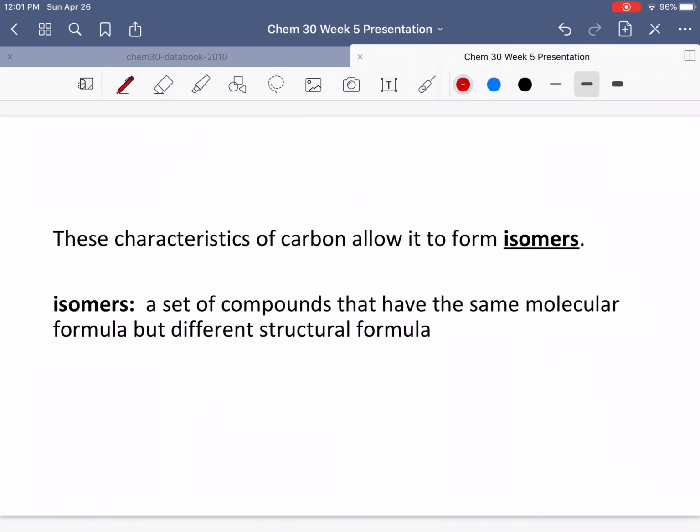Alrighty. Let's move on to another keyword. Again, I recommend that you check out the video on isomers that I've posted with the notes. Isomers in organic compounds are a big deal. Essentially, they have the exact same molecular formula. So in other words, we're dealing with really simple hydrocarbons this week, combinations of hydrogen and carbon. And we could look at 2 different molecules with the exact same number of carbons and the exact same number of hydrogens.